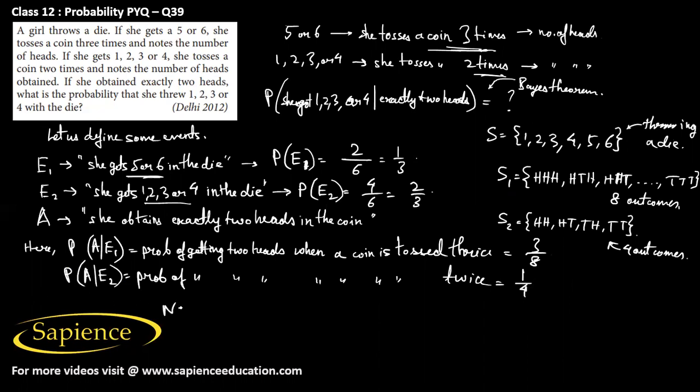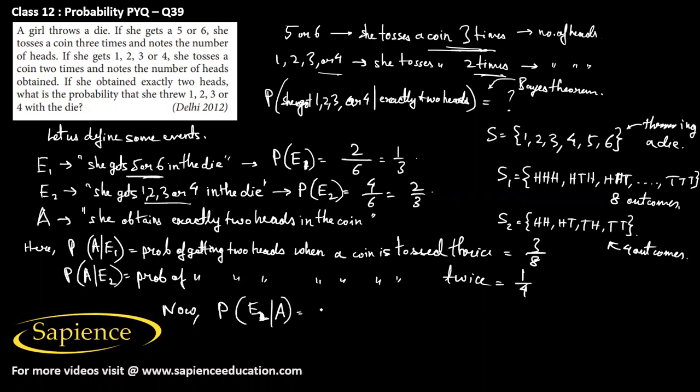So now, here it is told if she obtained exactly two heads, what is the probability that she threw 1, 2, 3, or 4? So it is the second case. So P of E2 given A is being asked.